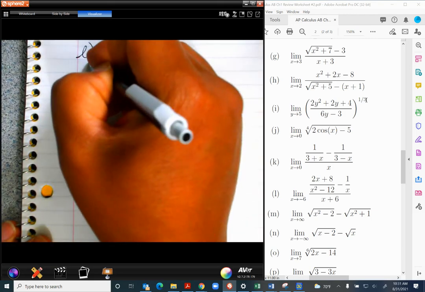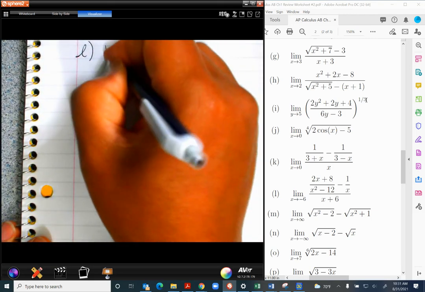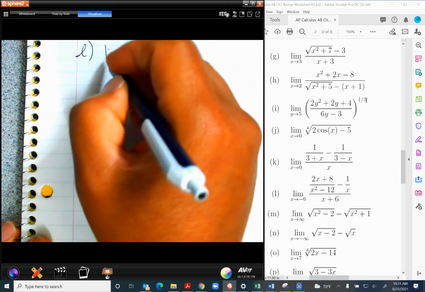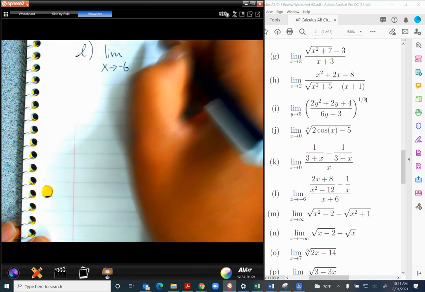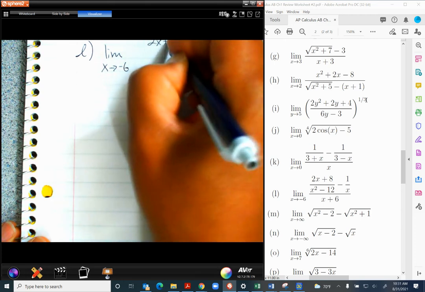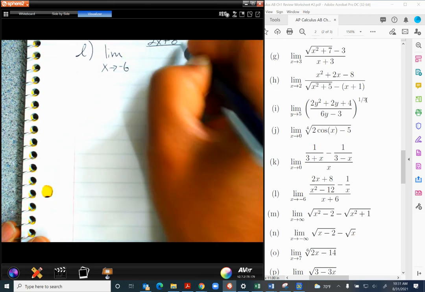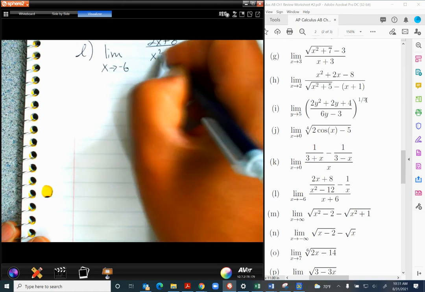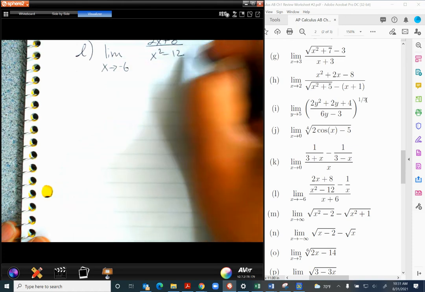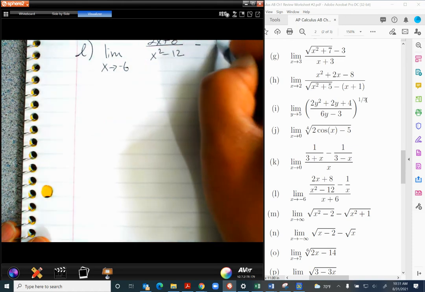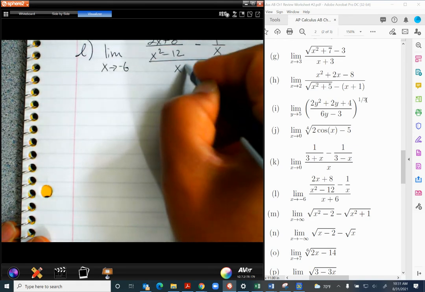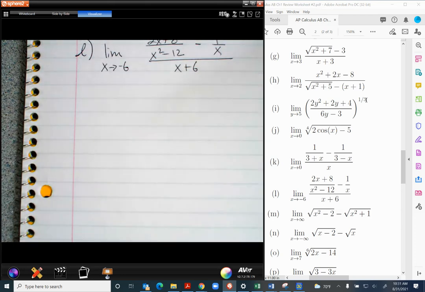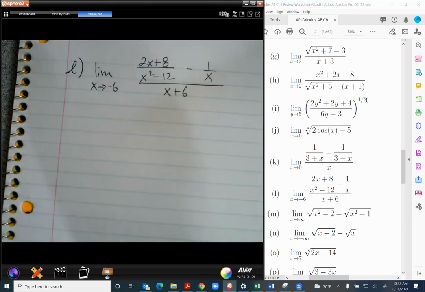L looks really hard. Okay, this one looks really hard.